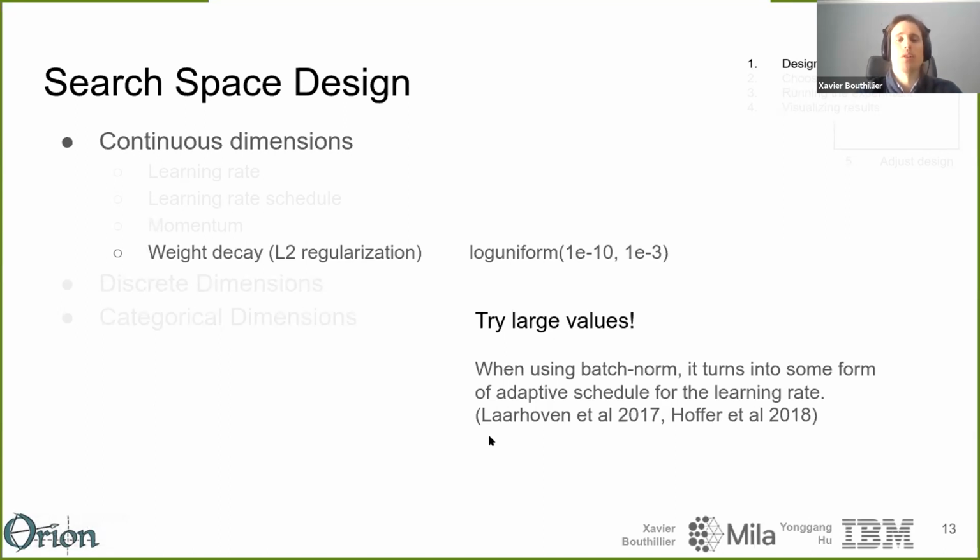You can read the paper of Hoffer et al. on the topic. And so in this case, it's worth trying surprisingly large values, I would say, for the weight decay. Depending on the architecture you have, you should try large values, something like 0.01.